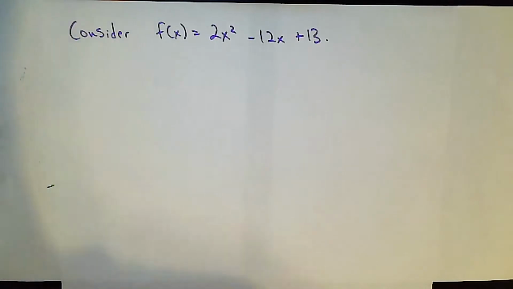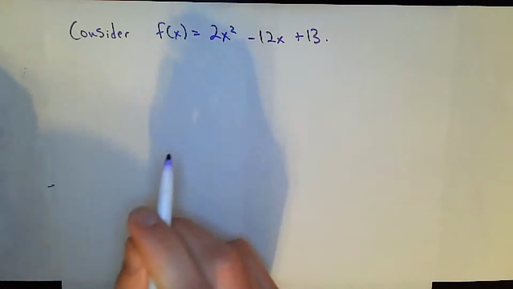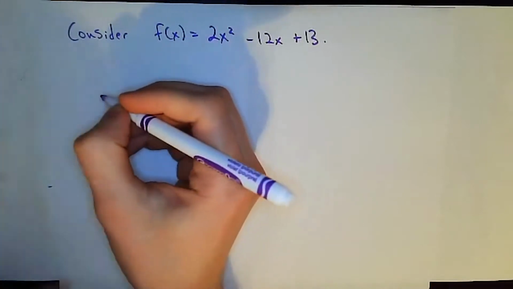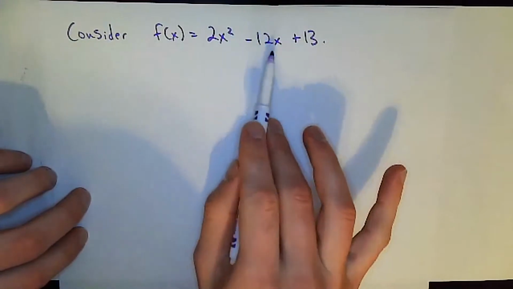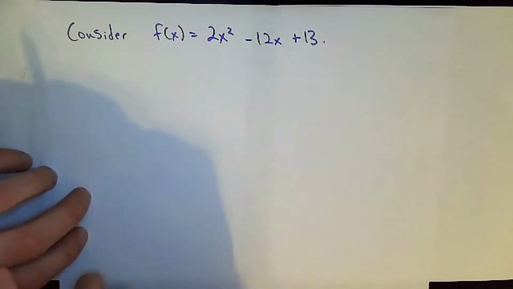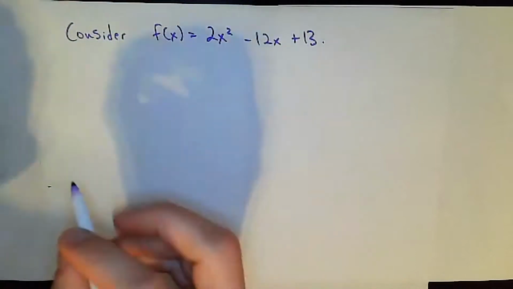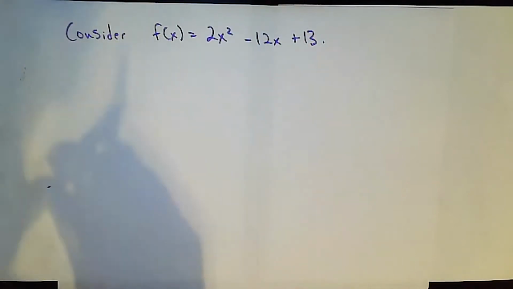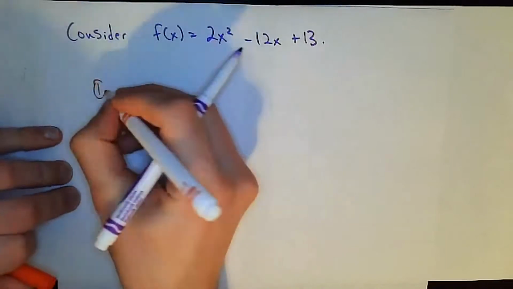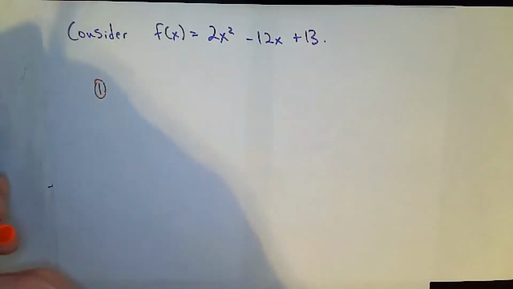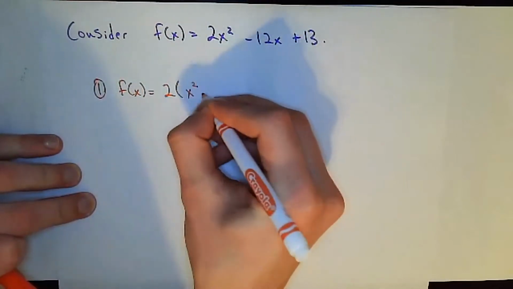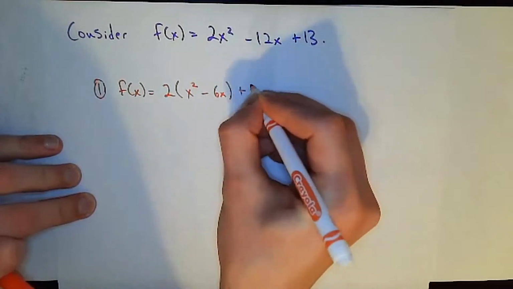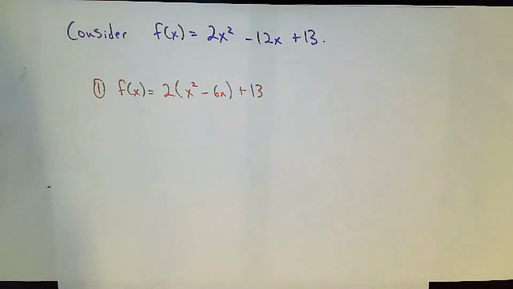The first thing we're going to want to do is pull the 2 off of the quadratic term and the linear term. So step 1: f of x equals 2 times (x squared minus 6x) and then plus 13.